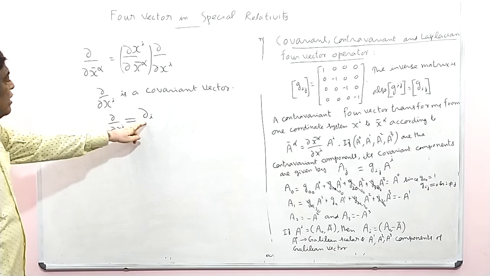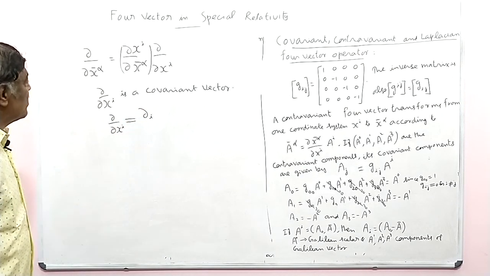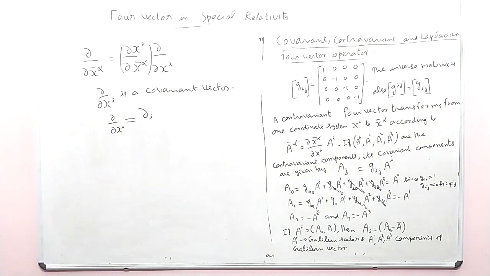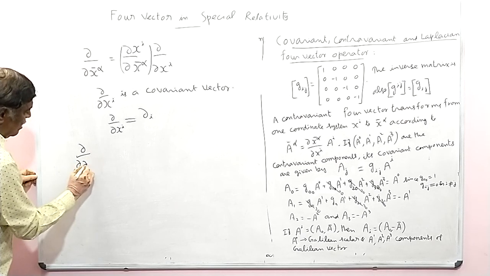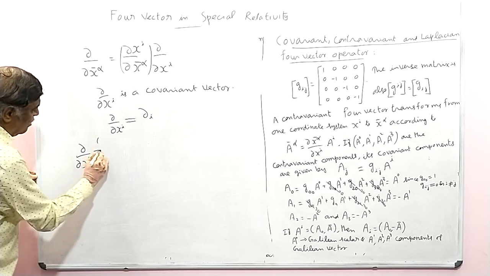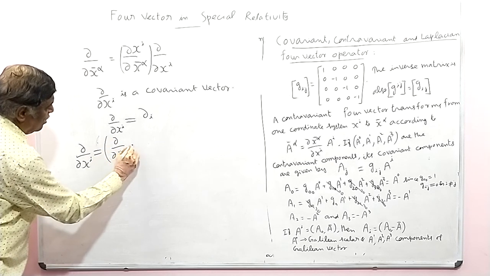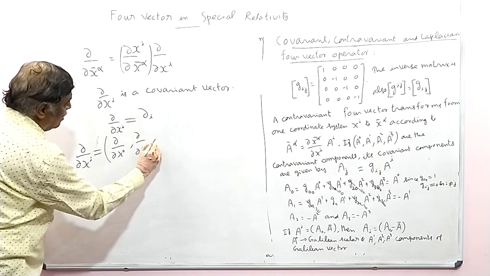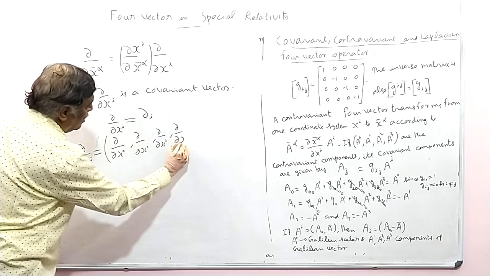The meaning is this is a covariant vector, partial d_i, and this partial d by dx^i will have the first term partial d by dx^0, because this is a four-vector, then d by dx^1, d by dx^2, d by dx^3.